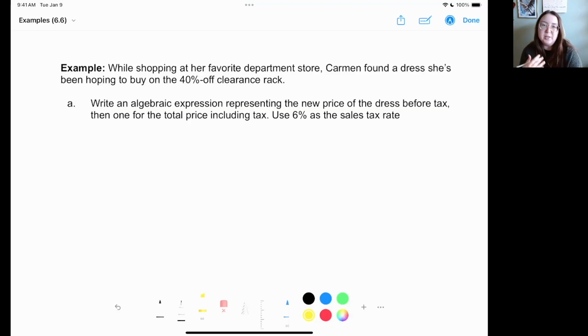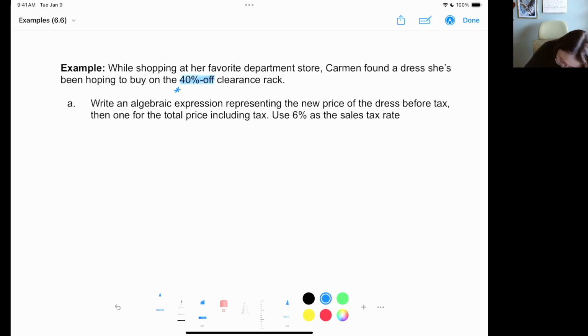All right, so doing these problems, the wording is going to be very important. So we want to kind of highlight some of this wording here. We're saying that at her favorite department store, Carmen found a dress that she's been hoping to buy on the 40% off clearance rack. So the words 40% off, if you've ever shopped before, hopefully you do slightly understand this meaning. 40% off is going to be 40% of the price is taken away, or it is 40% less.